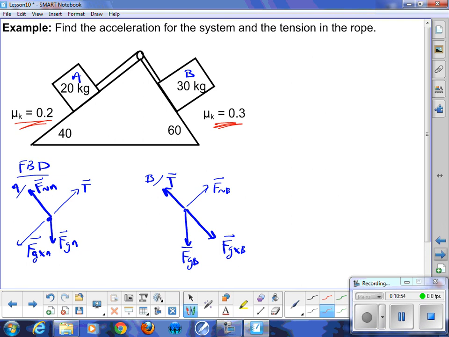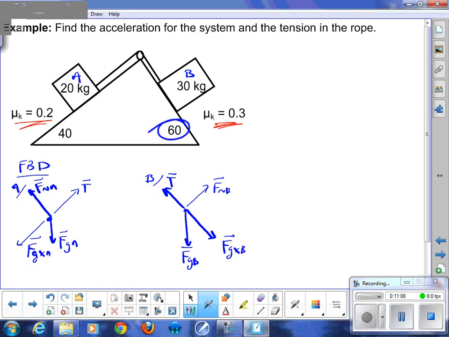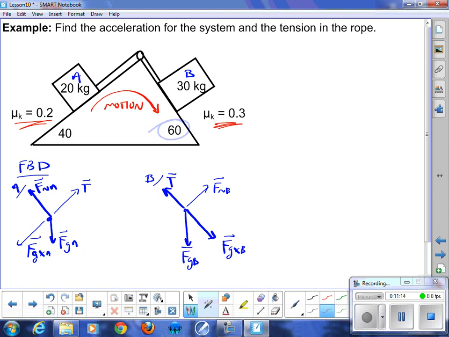Now I've got to go back and look at this system. And this is an educated guess. You're asking yourself, which direction is this system going to go? I would say since this is a greater mass right here, and it's also on a steeper slope, I would anticipate that my system is going to go clockwise.